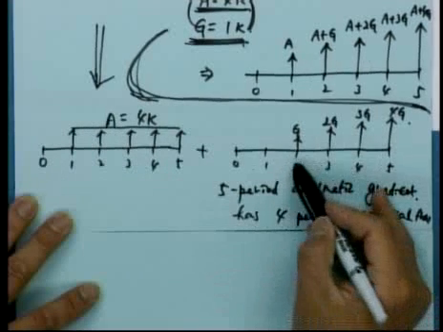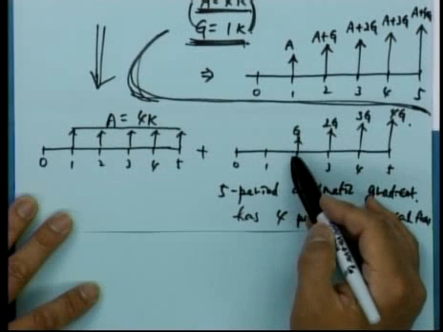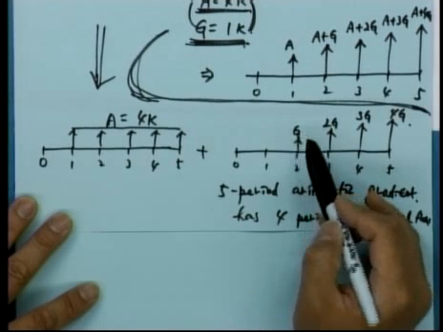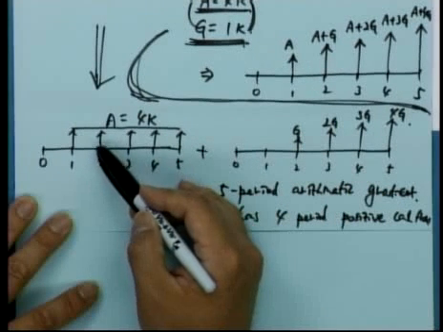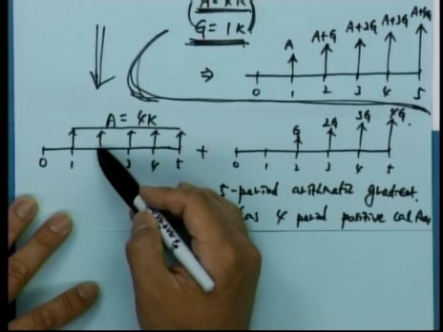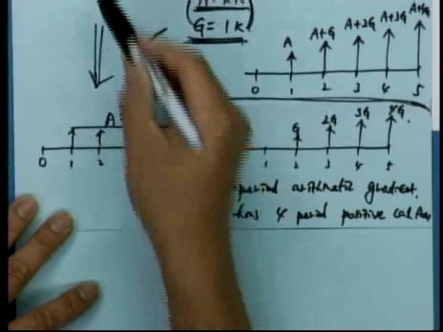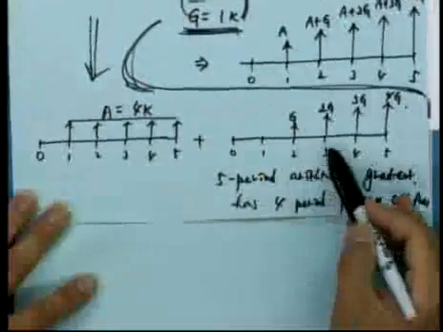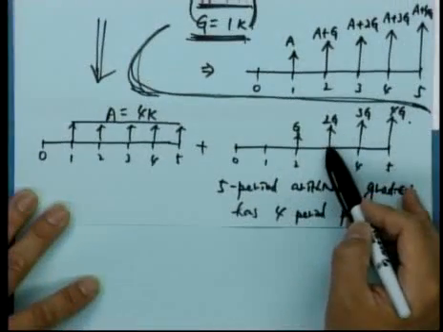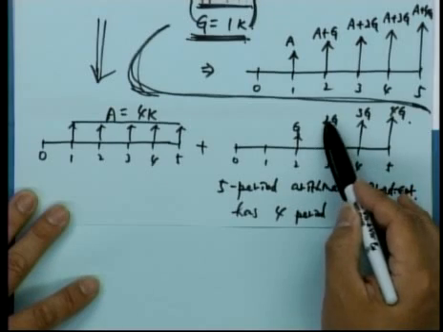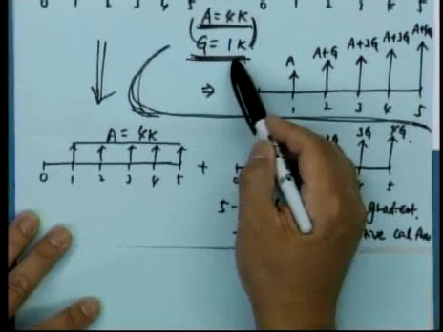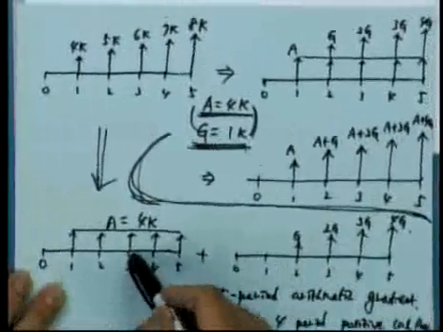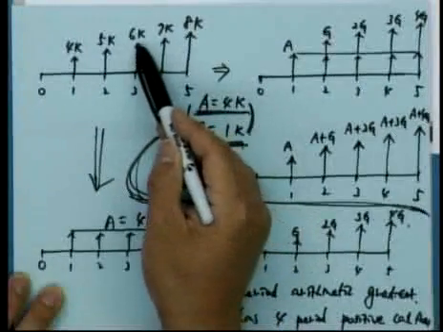And in the second period, the total cash flow is the arithmetic gradient of 1,000 plus the uniform series of 4,000, which is 5,000, right? Up here. Likewise, in the third period, it's going to be 2 times G, which is 2,000, plus 4,000. That's why we're going to have 6,000 up here.